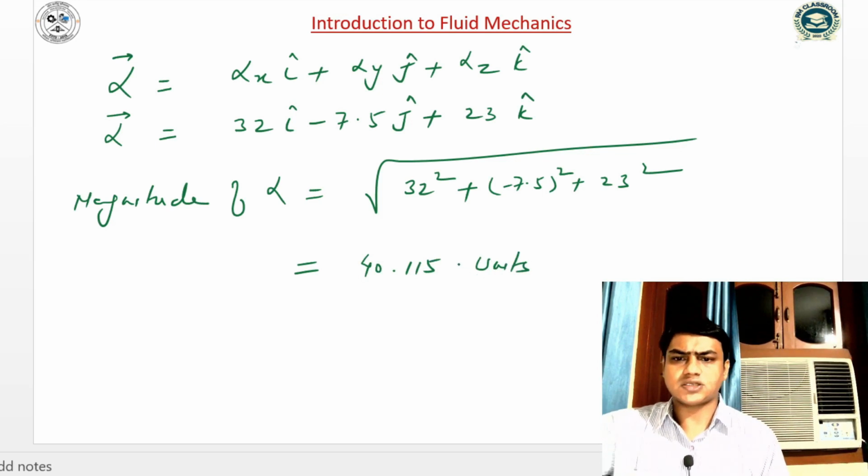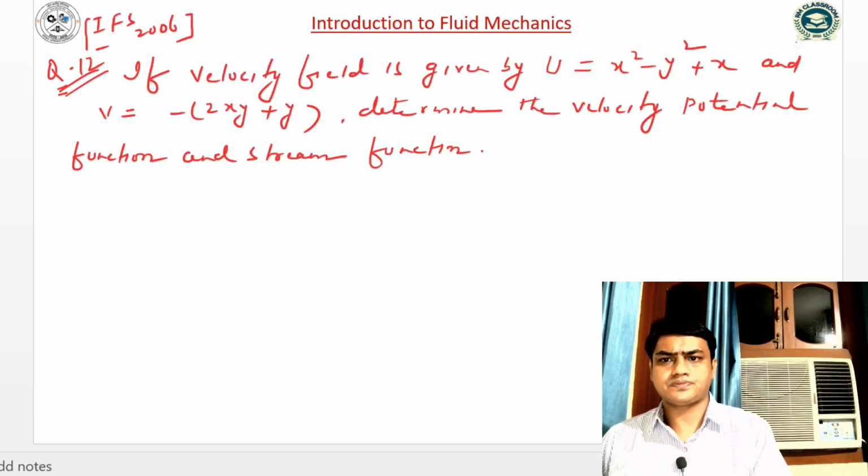So the magnitude of acceleration is 40.115 and the acceleration vector is 32i minus 7.5j plus 23k, where acceleration in x, y and z direction is 32 units, minus 7.5 units and 23 units.